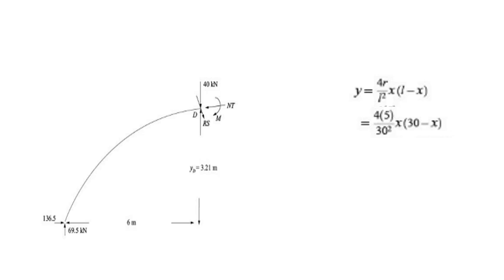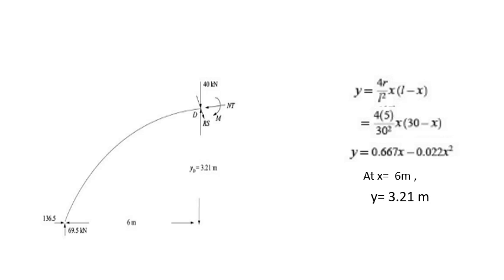So R, we know the rise is given as 5 meters, substitute. So we get the equation in this form. It is asked to find the internal forces at a distance 6 meter from the left support. So substitute X as 6 meter. So Y you get it as 3.21 meter.